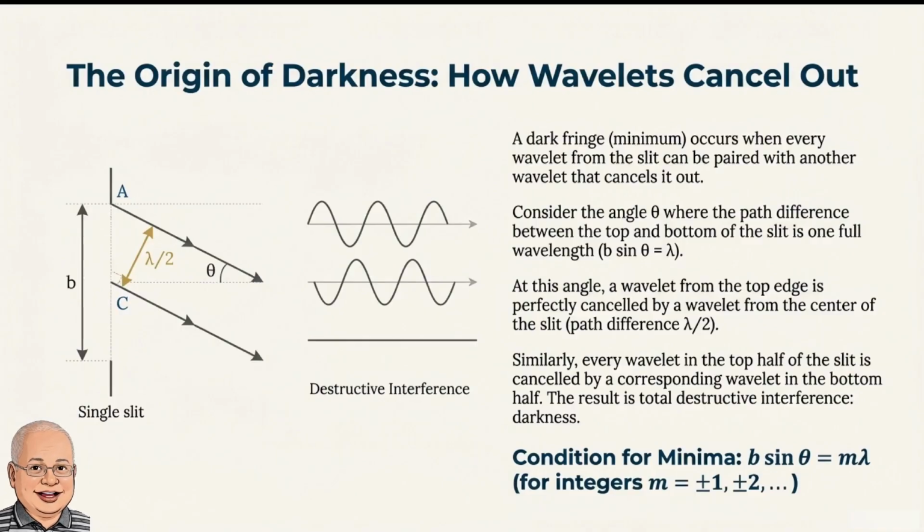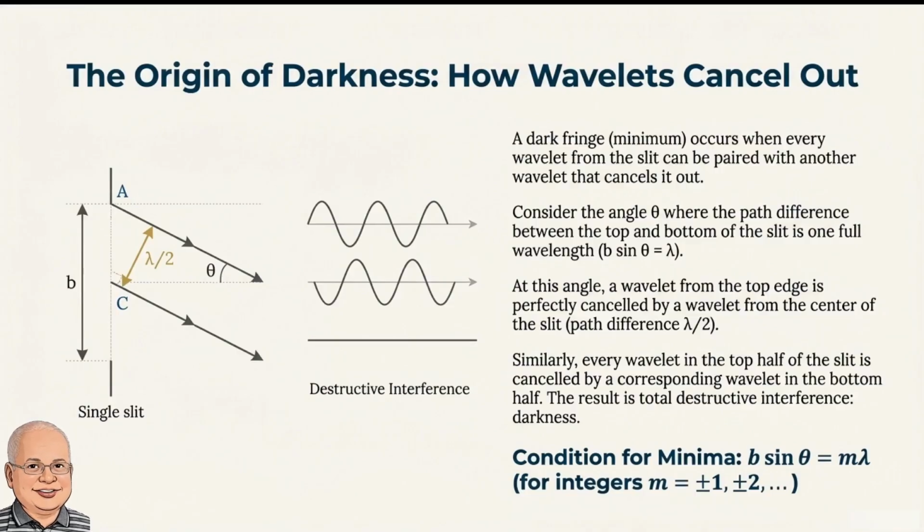In the picture, on the rightmost side, there are two sine waves. In these sine waves, the peak of the top one is at the trough of the bottom one. So they are exactly 180 degrees out of phase.